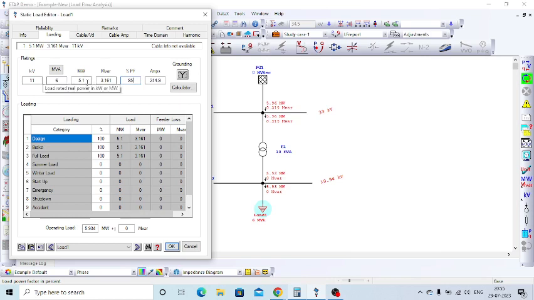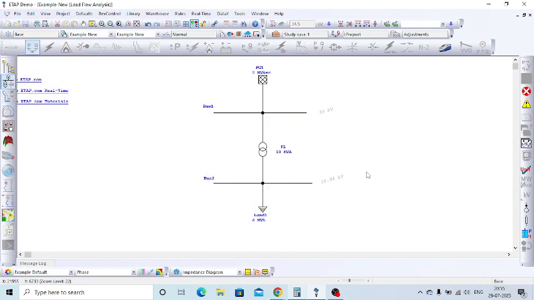At that time it will draw a maximum of 5.1 megawatt of real power. You just see it is drawing 4.78 megawatt of real power at 2.96 Mvar of reactive power.